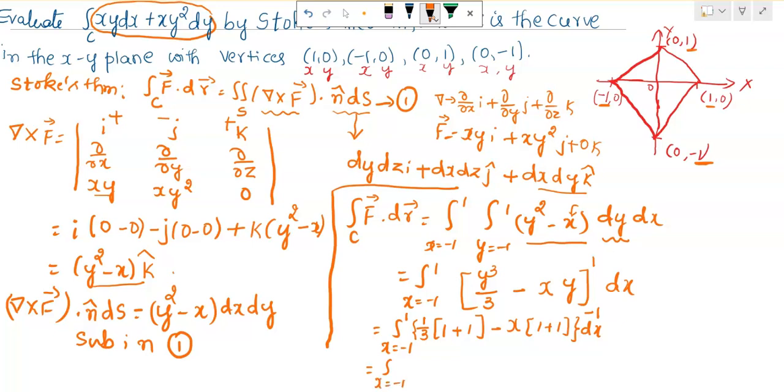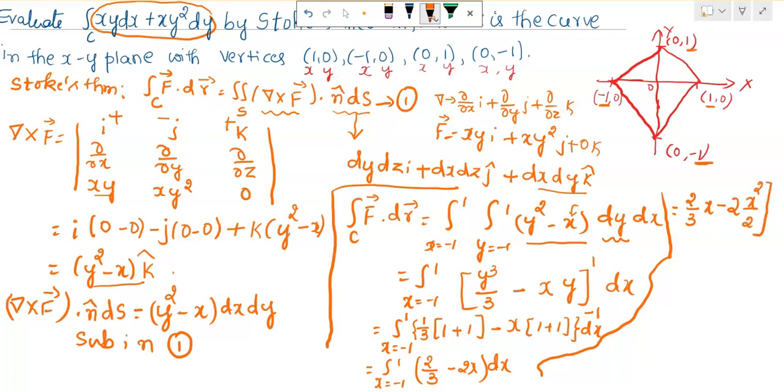So we are getting integral x is equal to minus 1 to plus 1, 2 by 3 minus 2x. Now let me integrate this with respect to x. It is 2 by 3 into x, minus 2 into integral of x is x square by 2.